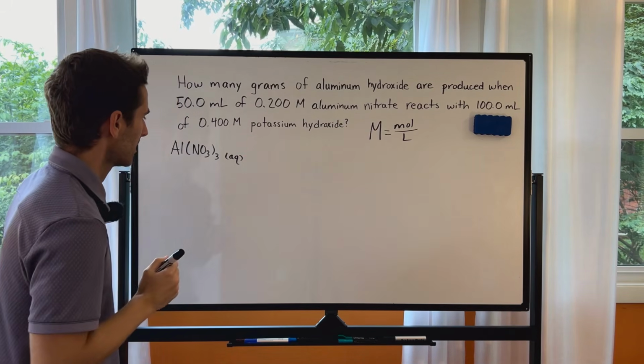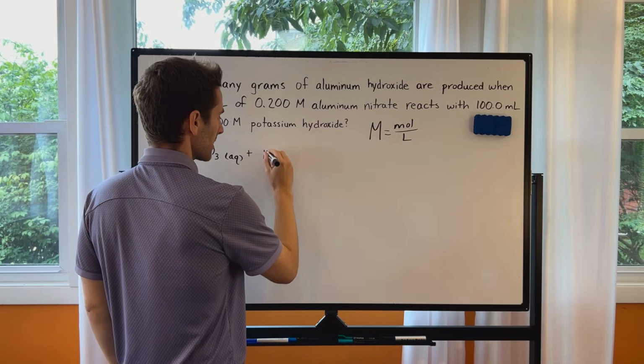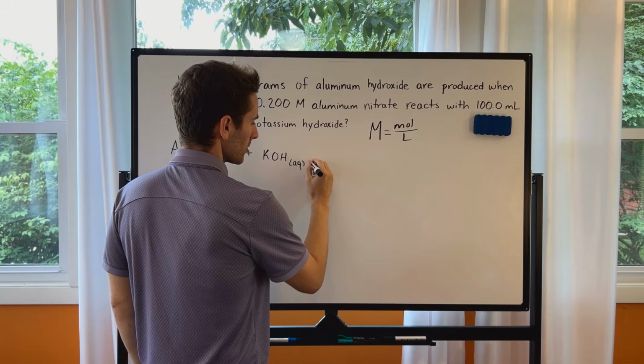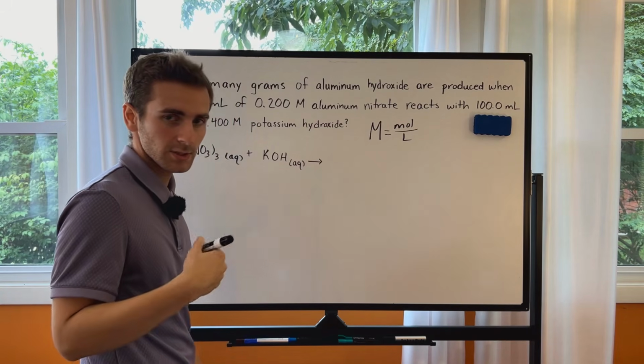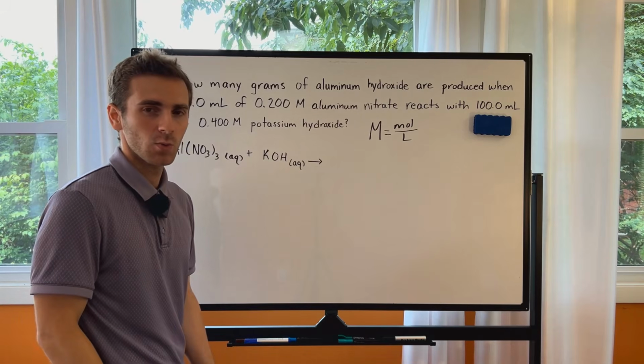So state of matter here is going to be aqueous, and then potassium hydroxide is KOH, also aqueous. And then our products are also going to be aqueous as well, as long as they're soluble in water, because this is all taking place in water.